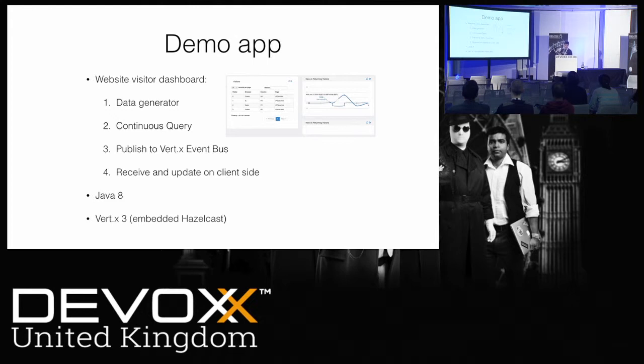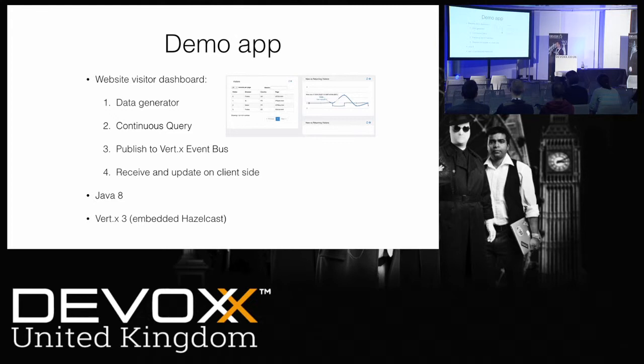I will create a demo application, which is a dashboard for my website visitors. I'm going to be storing visitors. I'm not going to have a live website, I'm just going to use a generator for the demo. Then we're going to get a continuous query to look for specific visitors.